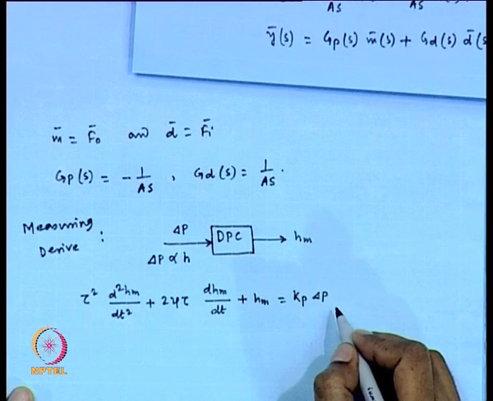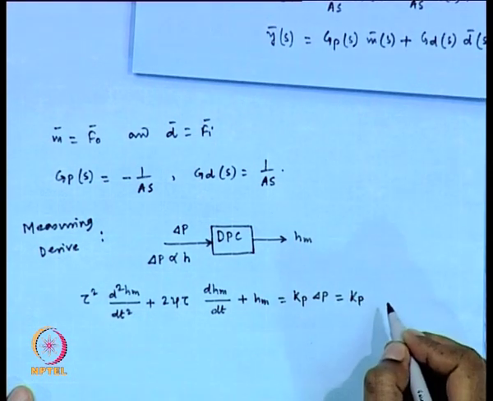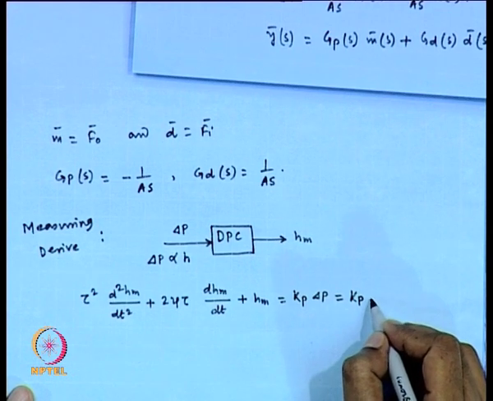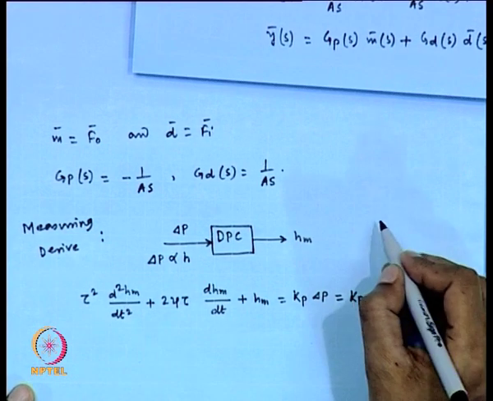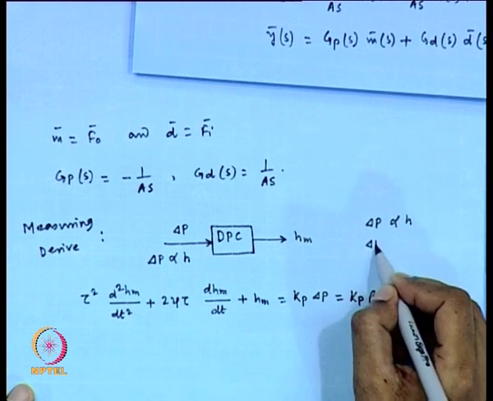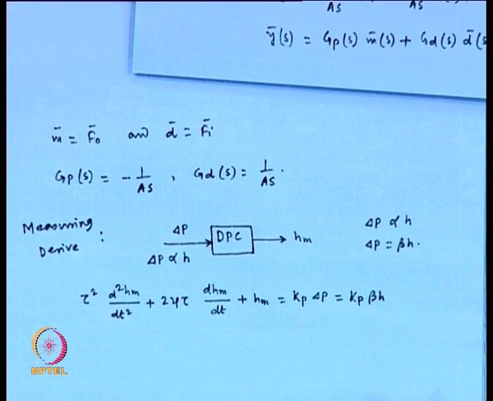Now, the right hand side is K_p ΔP, so we can write that as K_p beta H, since ΔP is proportional to height: ΔP equals beta multiplied by H.